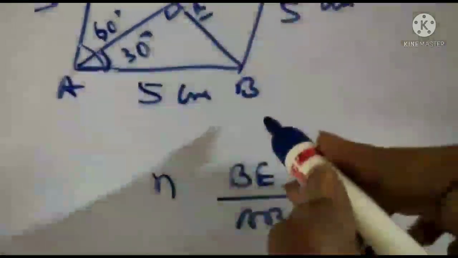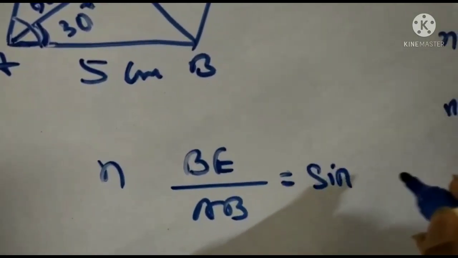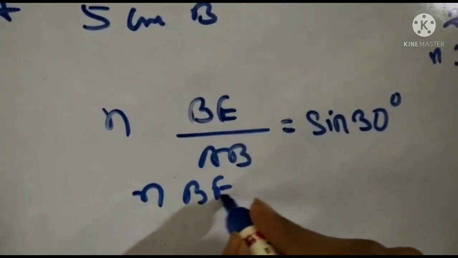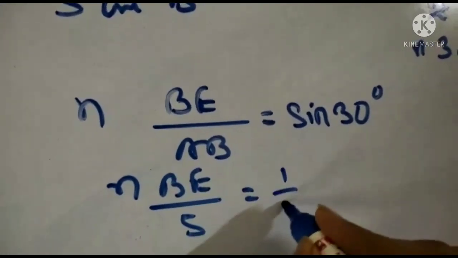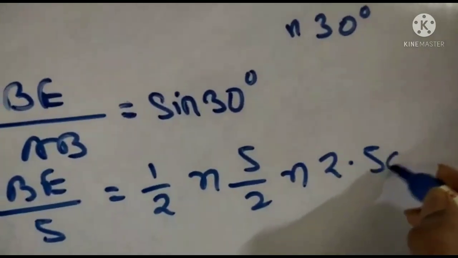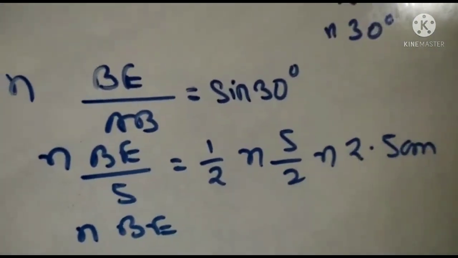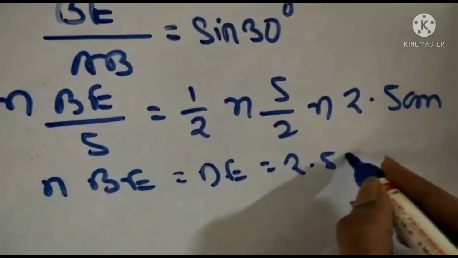BE is perpendicular and AB is hypotenuse, so perpendicular by hypotenuse is equal to sine 30 degree. We have found 30 degree. Now BE by AB, we know 5, is equal to sine 30 degree, means 1 by 2. From here you will get 5 by 2, which means 2.5 centimeter. Therefore BE we have got 2.5 centimeter. So BE is equal to DE is equal to 2.5 centimeter.